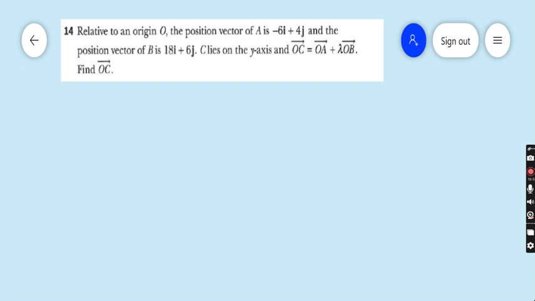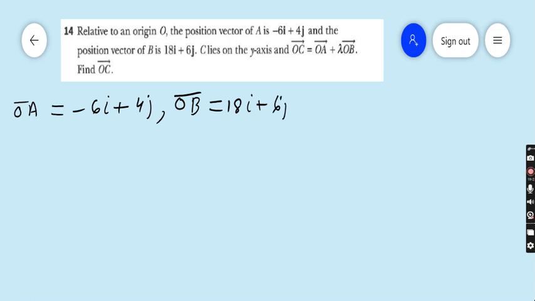Question number 14 is relative to an origin. The position vector of A is minus 6i plus 4j. So OA is equals to minus 6i plus 4j, and the position vector of B, OB, is equals to 18i plus 6j.